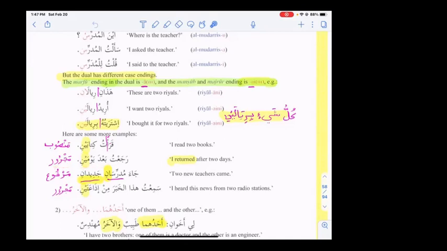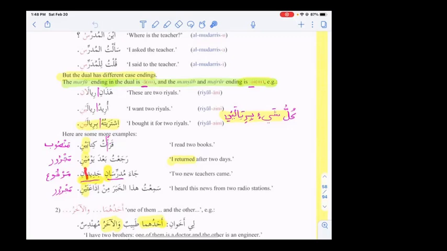Ja'a mudarrisani, 2 teachers came. So mudarrisani is marfu because it is the fa'il. And then we have the ani, alif, ani. And then we have the naat, which should match with mudarrisani, jadidani.